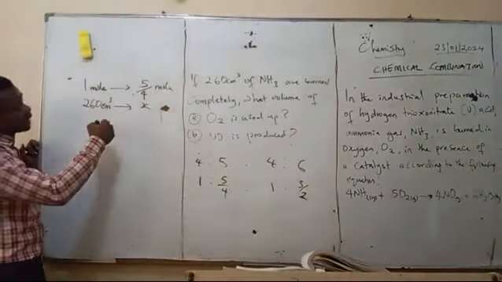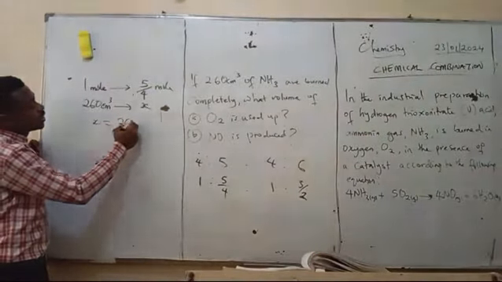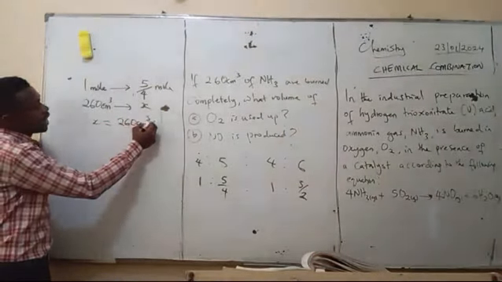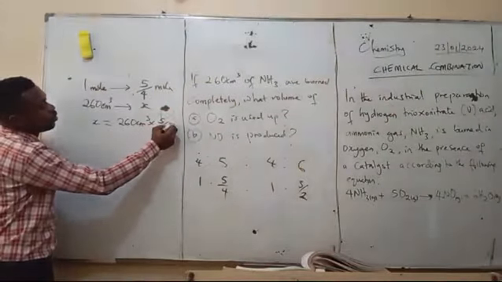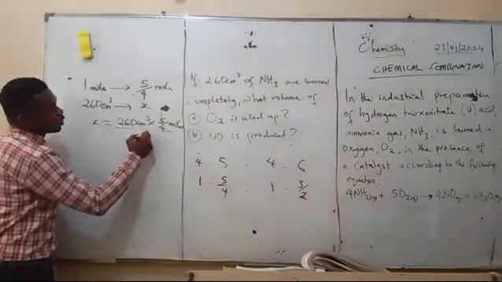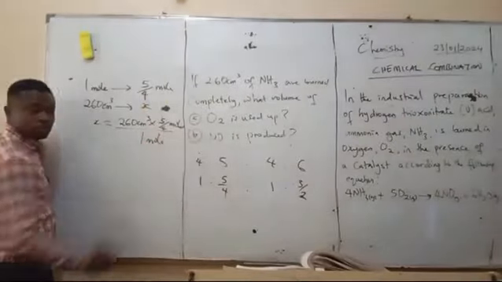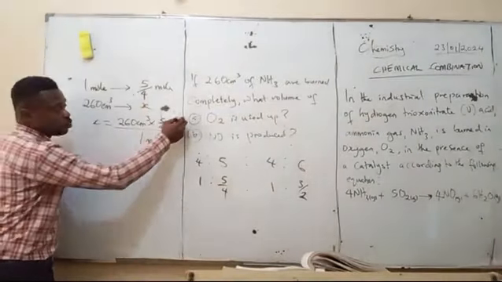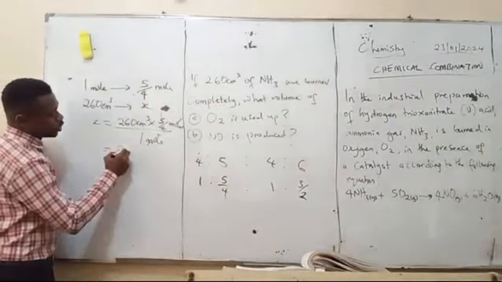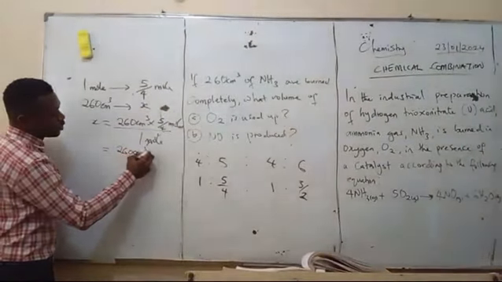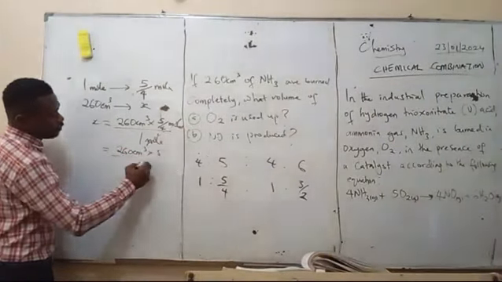So X is now equal to what? We cross multiply. It's now equal to 260 cm³ times 5/4 moles over 1 mole. So mole will cancel mole. We are left with 260 cm³ times 5/4.